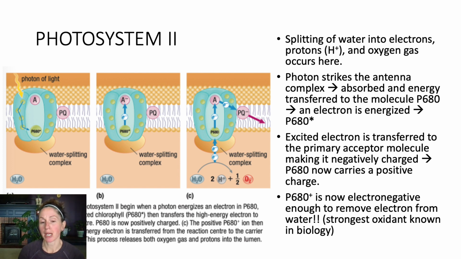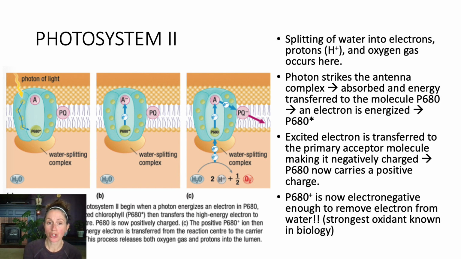So photosystem 2 came first, and this is where we have the splitting of water into electrons. And we know it's also creating protons, which adds to that proton concentration in the lumen side. And we also get oxygen gas created.